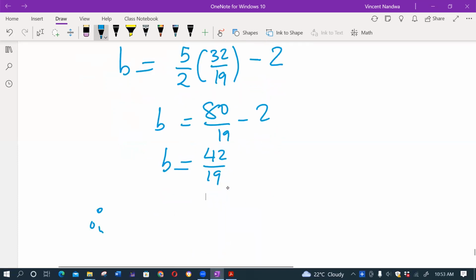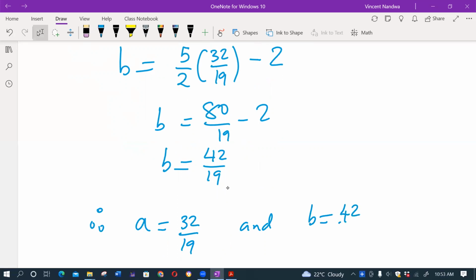So therefore, a equals 32 over 19 and b equals 42 over 19.